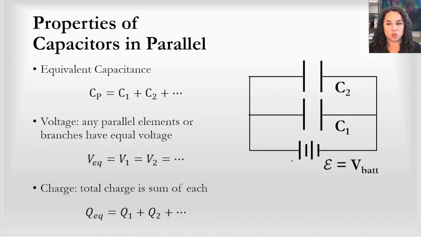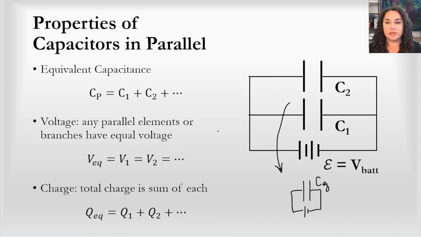And when I redraw this, what I think of this as is I'm just taking this whole capacitor, these two plates, and just kind of connecting them together. Do you see that? So I just have this C equivalent here, and I'm going to hook it up to the battery. And so that's my equivalent circuit.